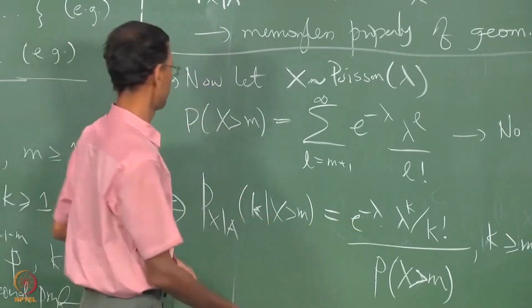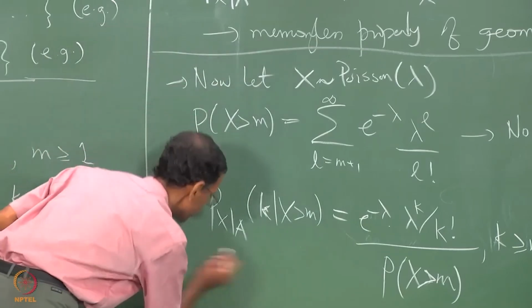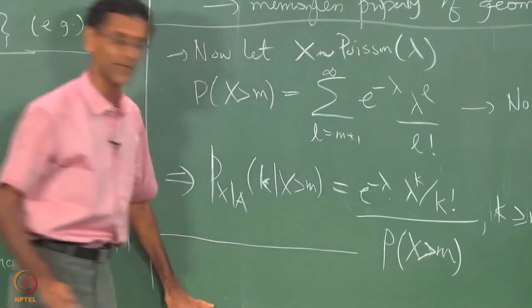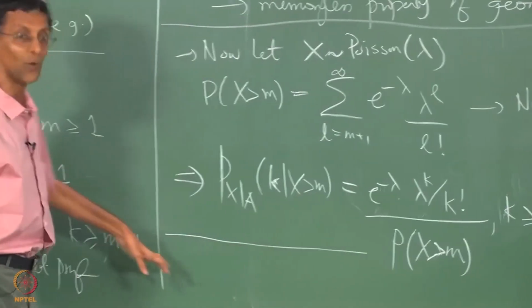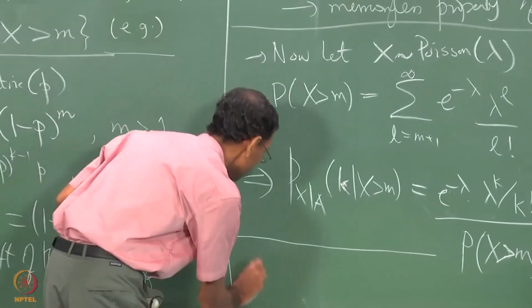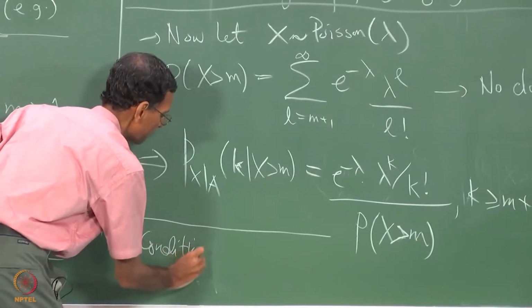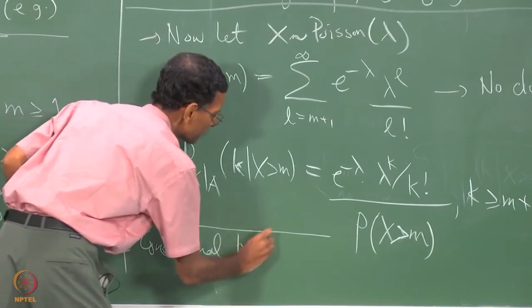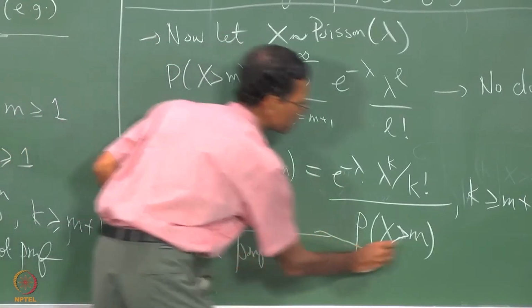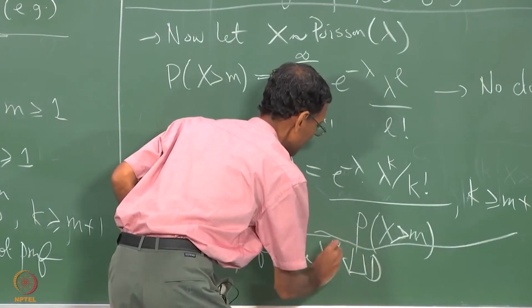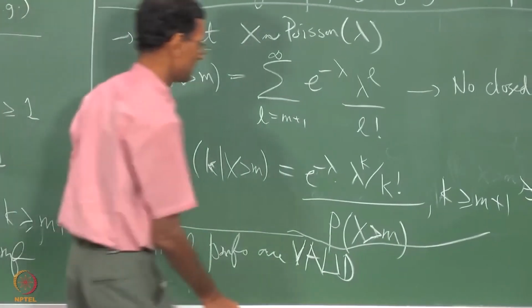So the bottom line, which is really well and truly a bottom line here, coming at the bottom of the board, is that conditional PMFs are valid PMFs. Put this 'valid' in big uppercase letters.